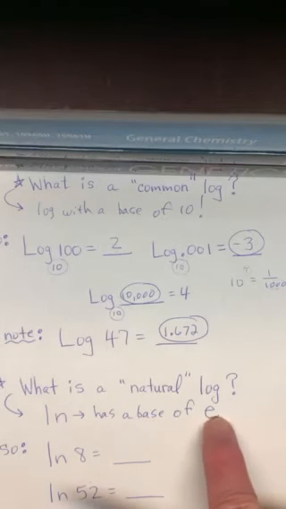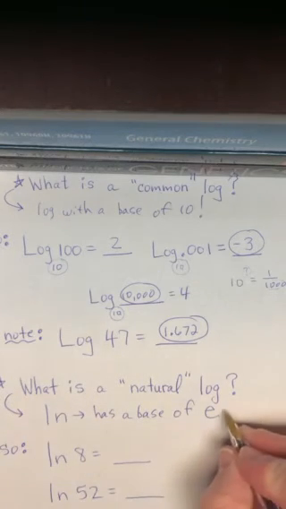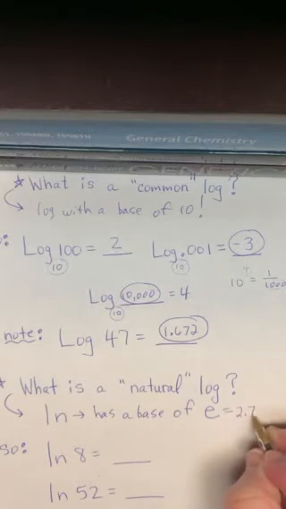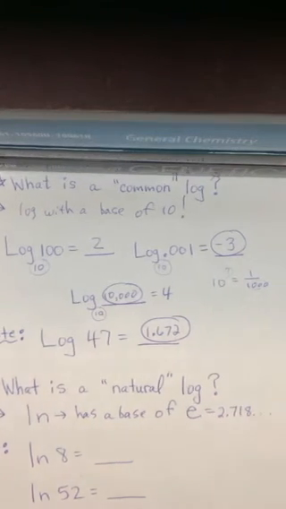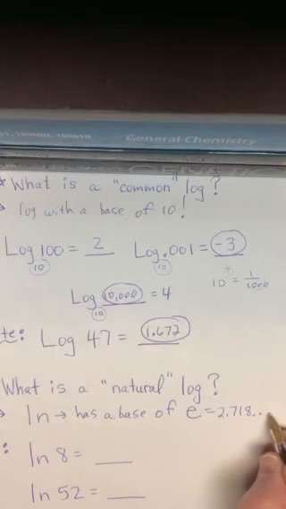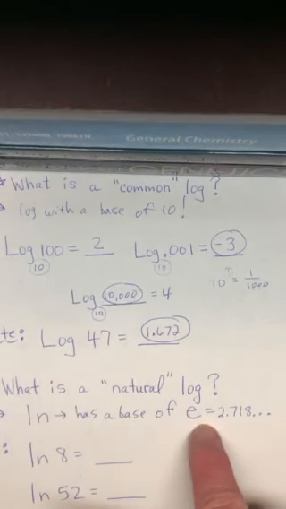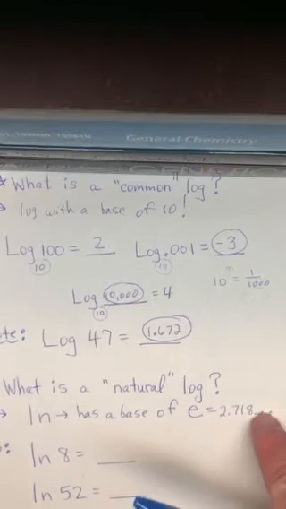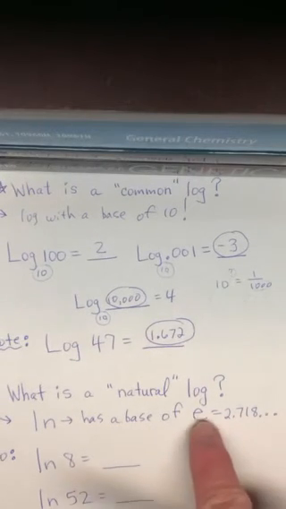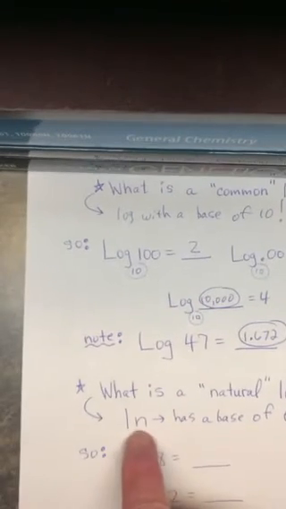When you see the letter E, which is an exponential expression, E is really 2.718, blah, blah, blah, an irrational number that goes forever. Just like pi was 3.14 dot, dot, dot, E is 2.718 dot, dot, dot, and is the base of what's called a natural logarithm, an LN problem.